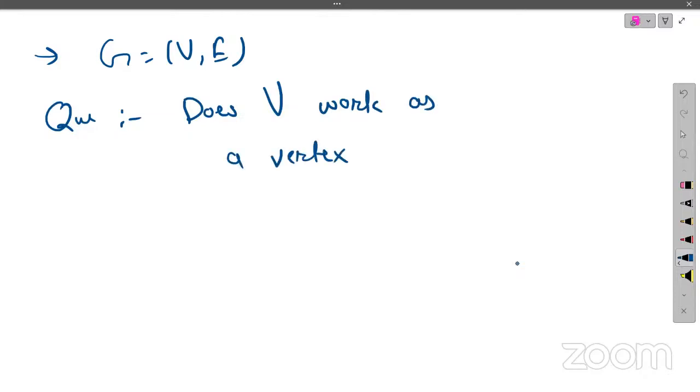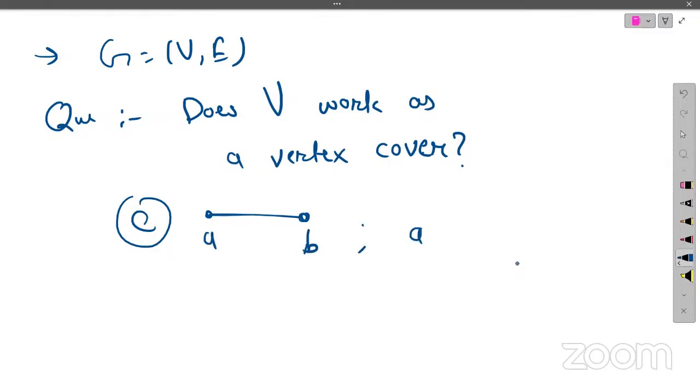Yes, it will work. Why? Because if you take any edge, this edge will have two endpoints, and those two endpoints are nothing but vertices. These A, B both belong to V. So that means this set V will cover all the edges. That's the meaning of vertex cover. So one feasible vertex cover we have.